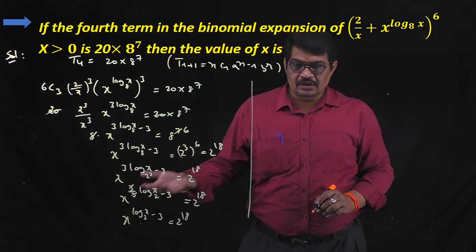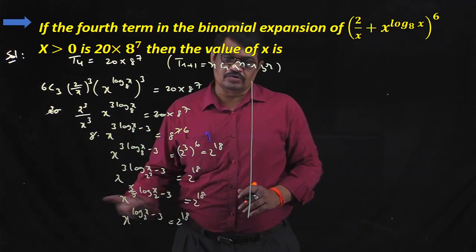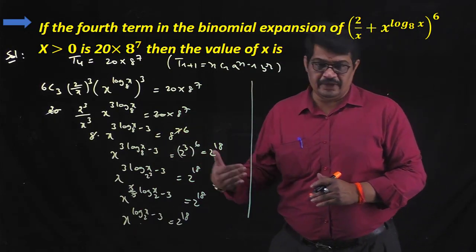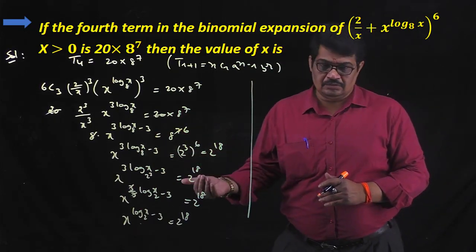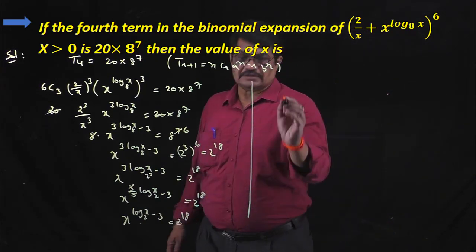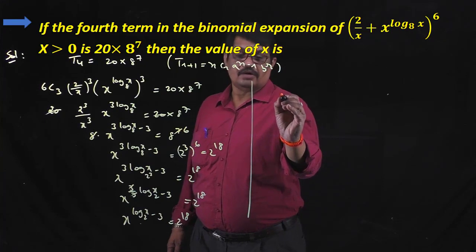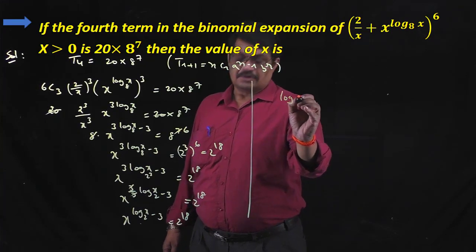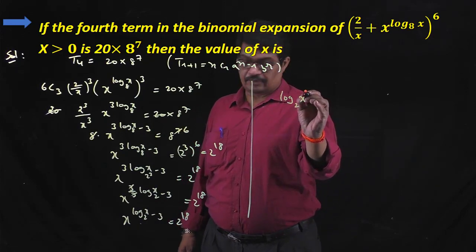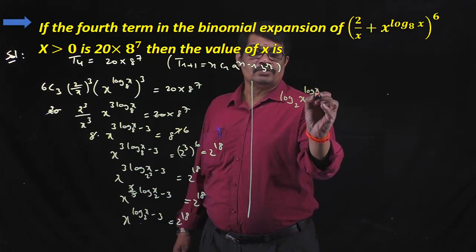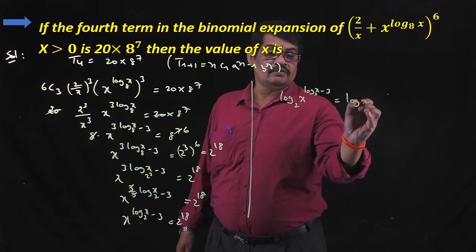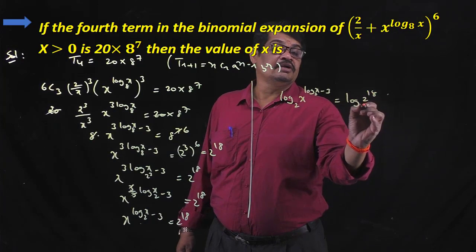Now we apply log to the base 2 on both sides. Then we get log of x to the power of (log x to the base 2 minus 3) to the base 2 is equal to log of 2 to the power of 18 to the base 2.